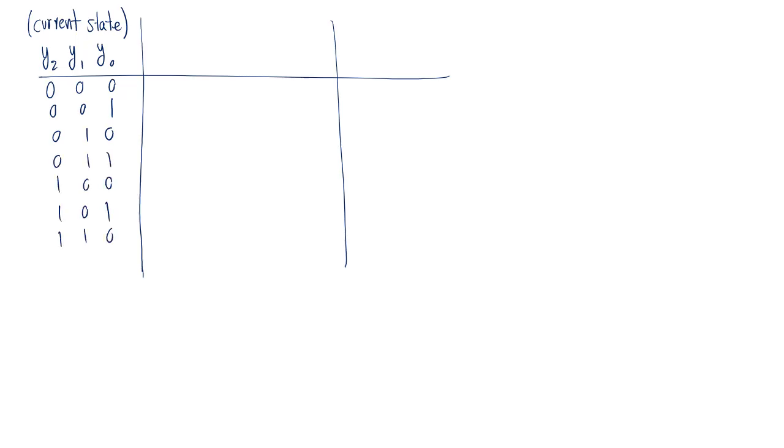I have something called current state, and because my states are 3 bits, from 0, 0, 0 all the way to 1, 1, 1, my current state is going to be a 3-bit number, and we decided that we're going to show the state with y. So I'm going to write this from 0, 0, 0 all the way to 1, 1, 1. And then I'm going to have next state.